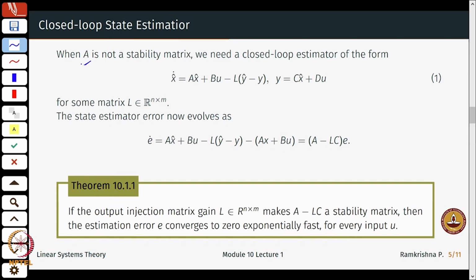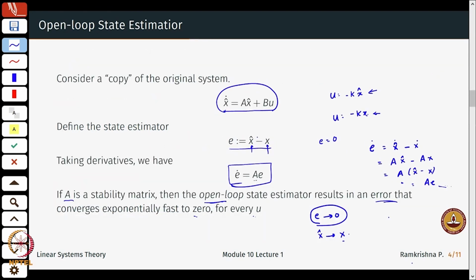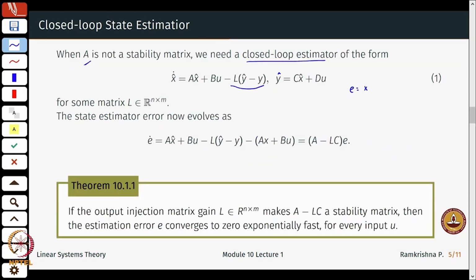Then let us construct what we now call a closed loop estimator, which looks like this. x hat dot is A x hat plus B u minus L times (y hat minus y), where y hat is C x hat plus D u. The error is again of the form x hat minus x.